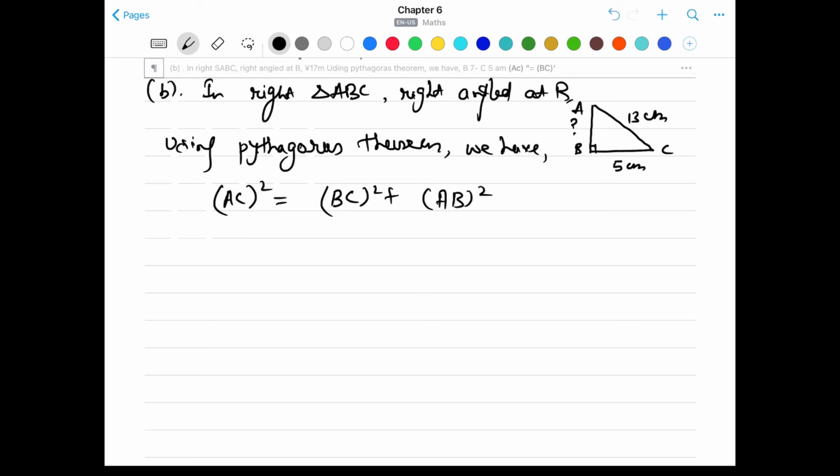Perpendicular is AB. Okay, this is hypotenuse, this is base, and this is perpendicular. That's what the Pythagoras theorem says. The square of hypotenuse is equal to the sum of the squares of base and the perpendicular.